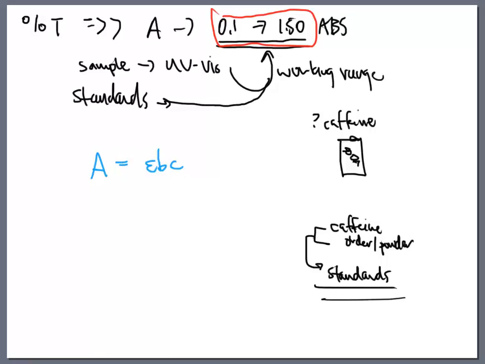It's a little bit different, though. A equals EBC. We have a special name that we give this equation because it's so important. The special name that we give this equation is Beer's Law.